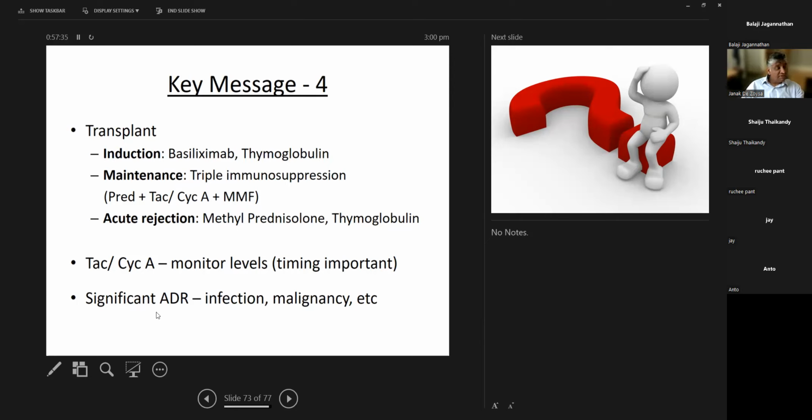And there are significant adverse drug reactions, most commonly infection in the first 12 months, because you remember that the immune system plays a key role in preventing infections. But down the track, one of the risk factors we see is malignancy.